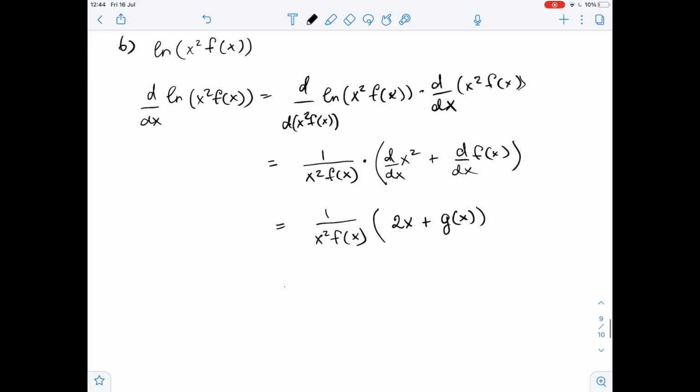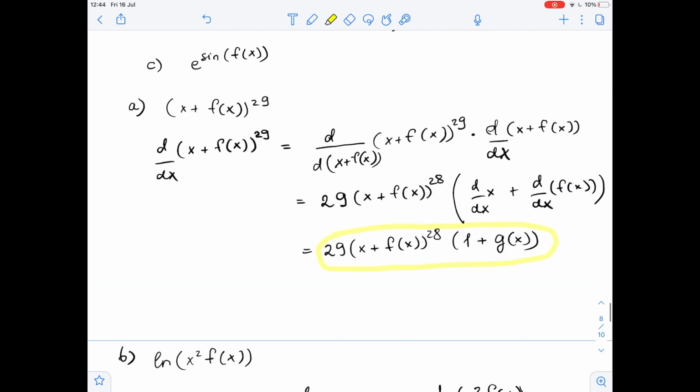So this equals 2x plus g of x over x squared times f of x. And this is our final answer in part B.